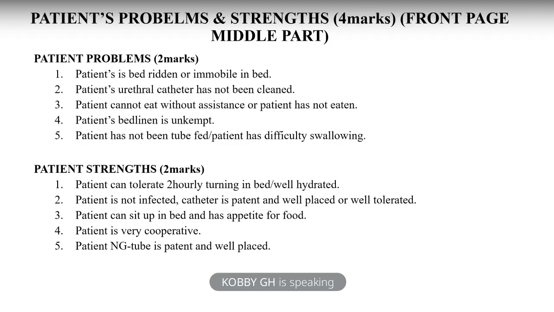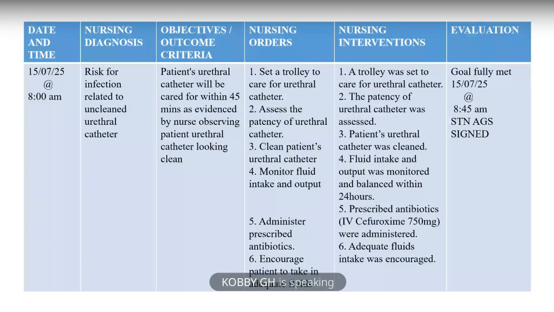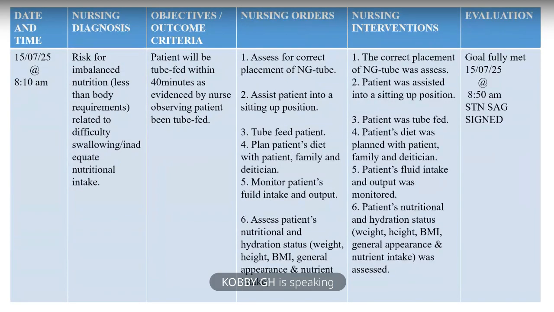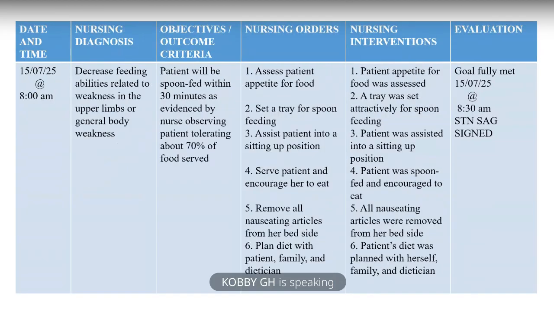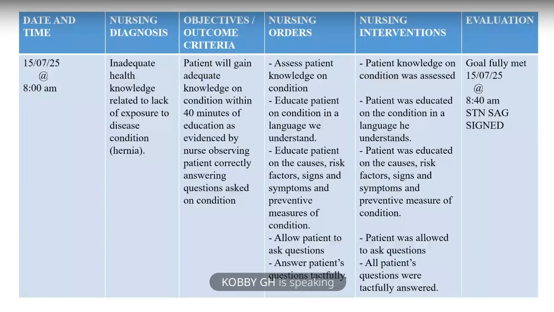Meanwhile, in their problem, they've written patient complains of loss of appetite. Do you get it? I'll address all those things later when we are moving on. Is that okay? All right. Let's move on.